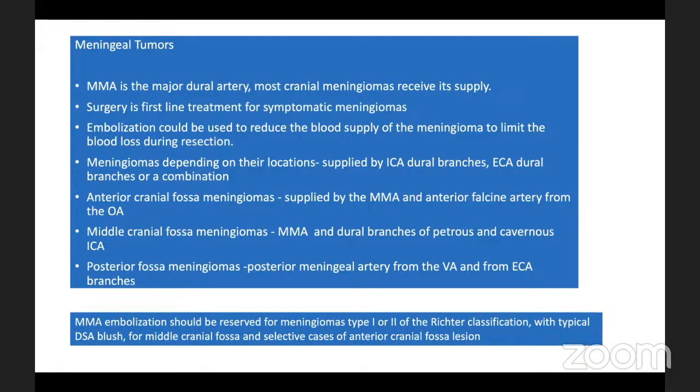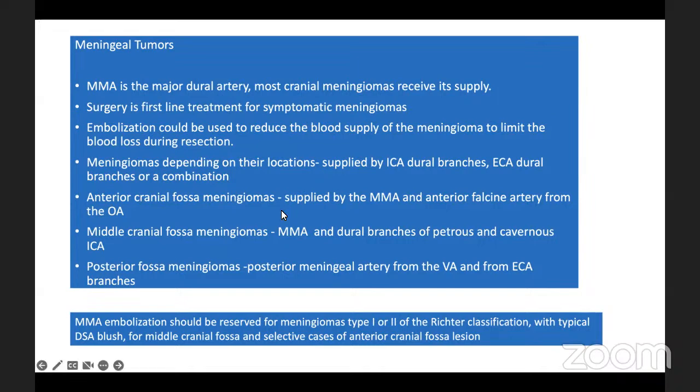Usually, the anterior cranial fossa meningiomas are supplied by MMA and anterior falcine artery from the ophthalmic artery. The middle meningiomas are supplied predominantly by MMA and dural branches of petrous and cavernous ICA. And the posterior fossa meningiomas are supplied by the posterior meningeal artery, which is a branch of vertebral artery, and from the ECA branches.